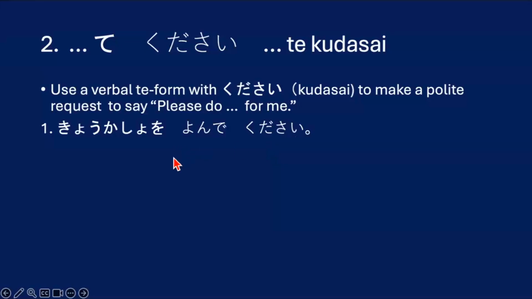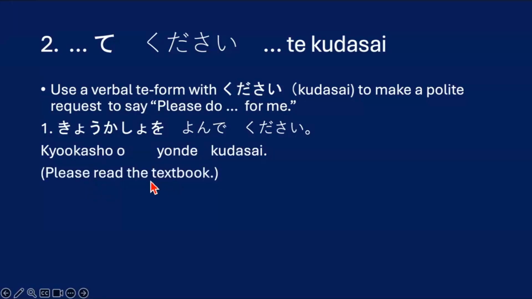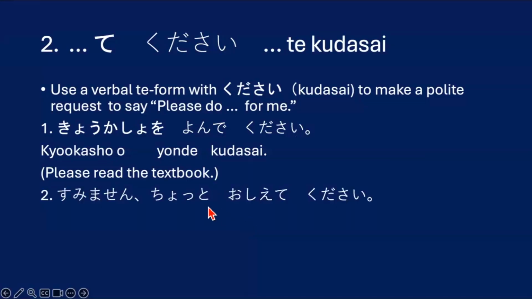So, for example, 教科書を読んでください。教科書 is a textbook, so please read the textbook. A teacher may ask students to do this. 教科書を読んでください。So please read. So this is the part that says read, and this makes a polite request, right? 読んでください. Please read. Or すみません。ちょっと教えてください. Okay, so すみません. Excuse me.